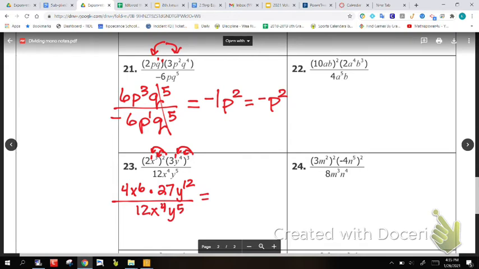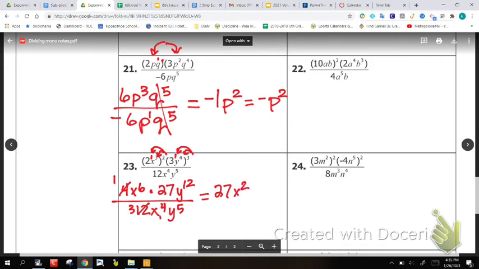Now, you got lots of options here. You could simplify right now. So the 4 and the 12, since one is in the numerator, one's in the denominator, you can reduce that. 4 and 12 divide by 4. And then I'm going to use my quotient rule here. Actually, first let's go back here. That 27 has 27 times 1 is 27. Let's put the coefficient up front. X to the 6th divided by x to the 4th. Subtract your exponents, you get x to the 2nd.